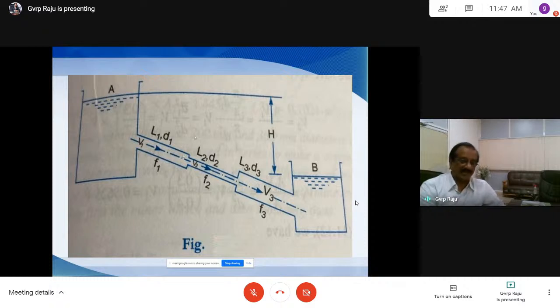The velocity after contraction. So you need to take V2, not V1. The head loss due to sudden contraction is 0.5 V2 square by 2g.